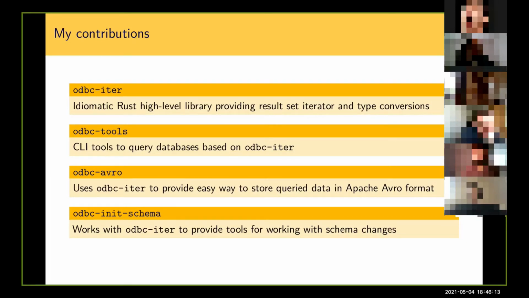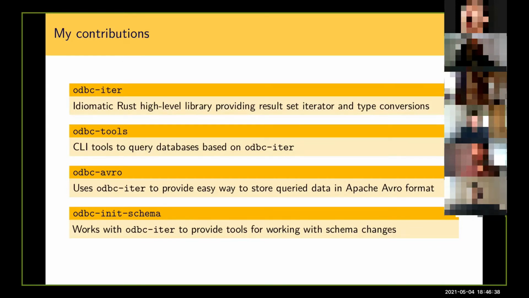I needed something to do backups, and I use the Avro format that would be stored on S3 as an archive of all the data. So this crate gives you a tool and a library to generate Avro format out of your query result set.